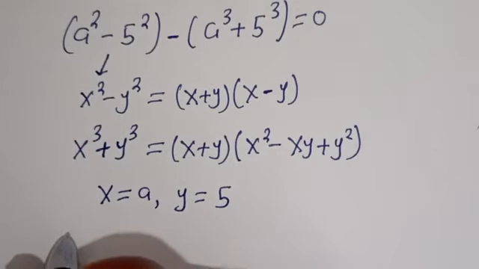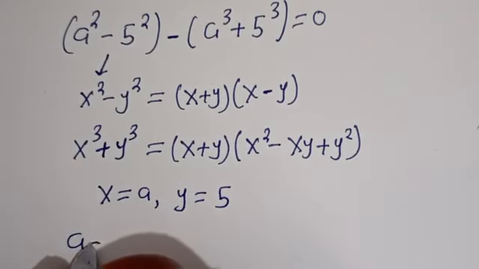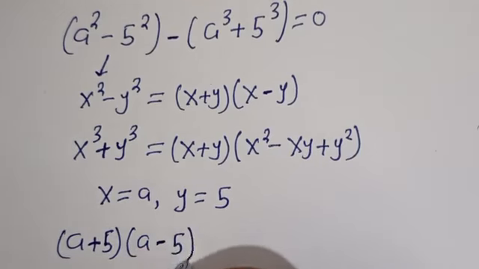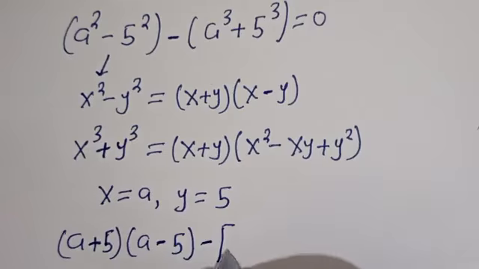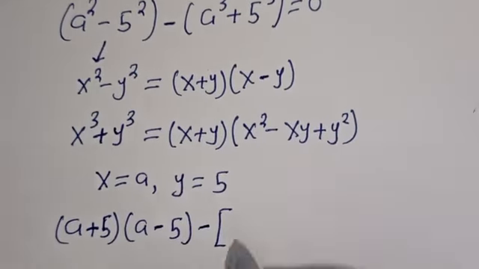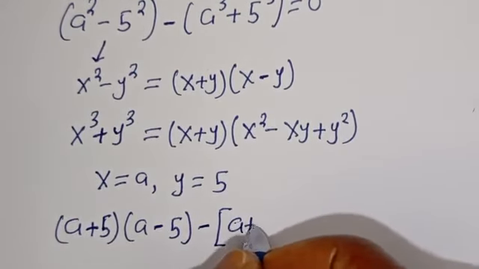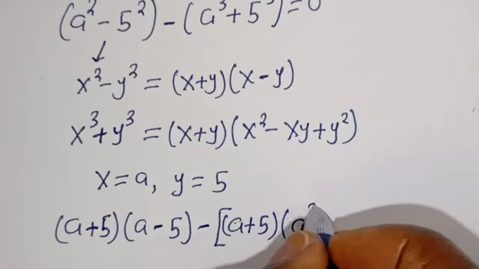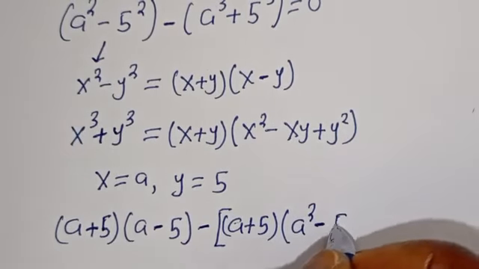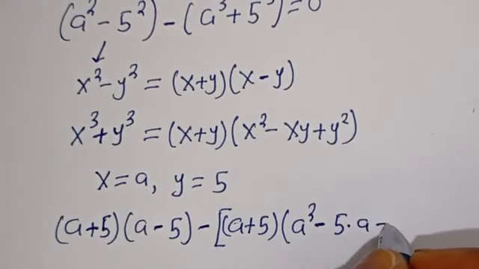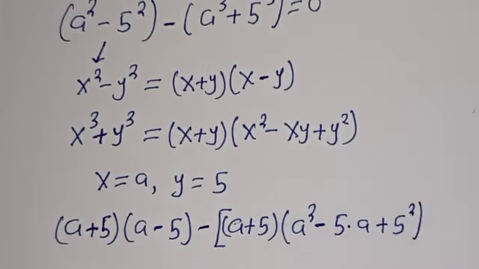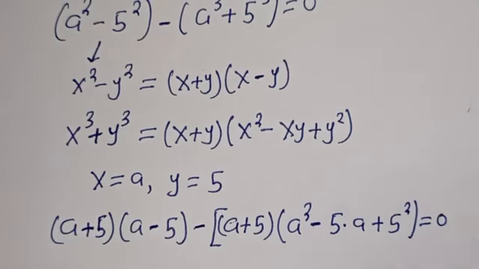This can be written as a plus 5 bracket a minus 5 minus, here we have a plus 5 bracket a squared minus 5 multiplied by a plus 5 squared is equal to 0.